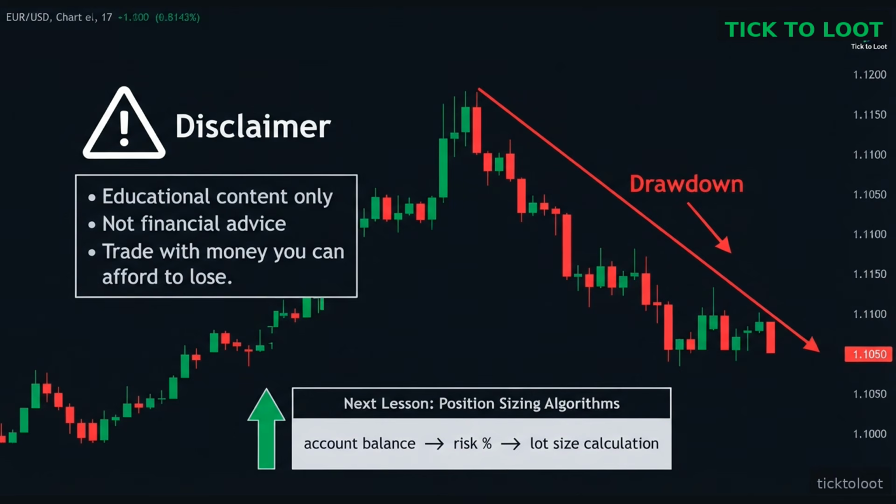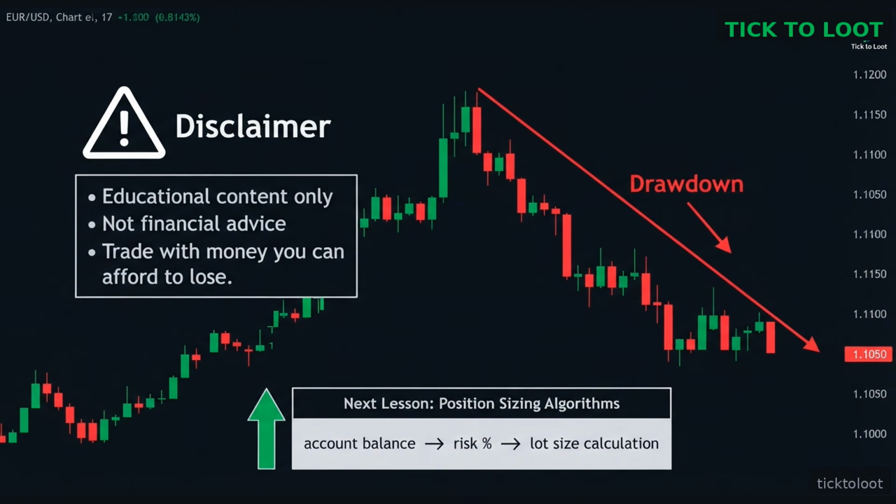Trading involves risk, and you should only risk money you can afford to lose. The examples we use, like a hypothetical euro to US dollar trade that drops from 1.1200 to 1.1050, are purely illustrative and not a guarantee of future performance. Always do your own research, consider your personal financial situation, and, if needed, consult a qualified professional before making any trading decisions.